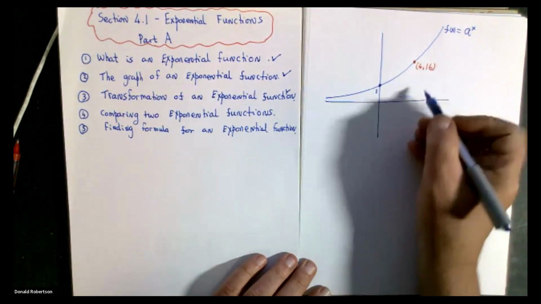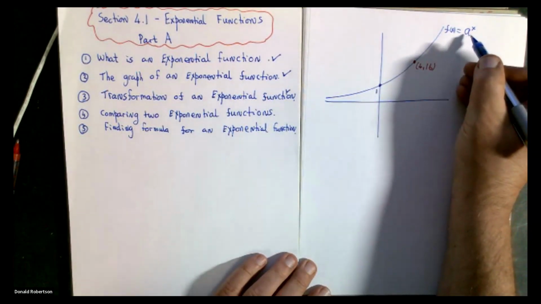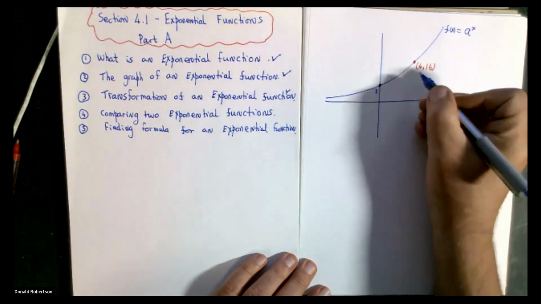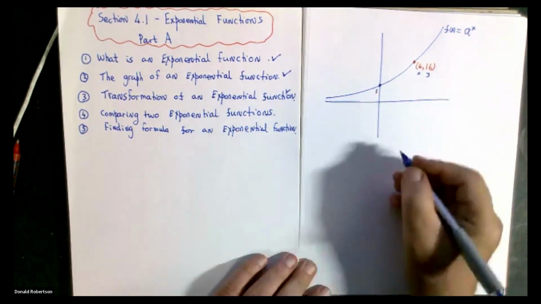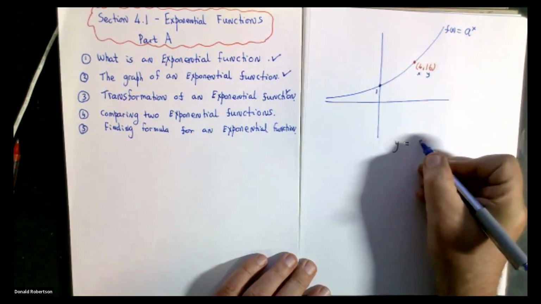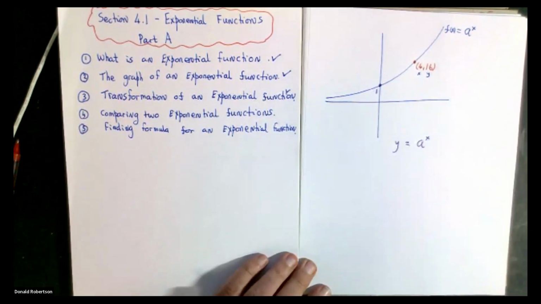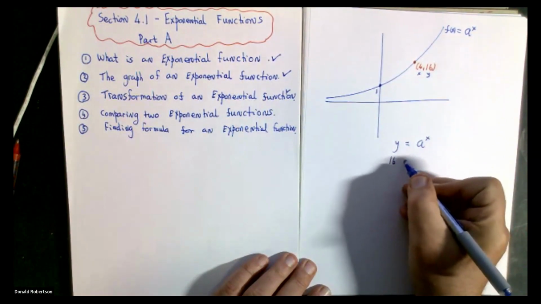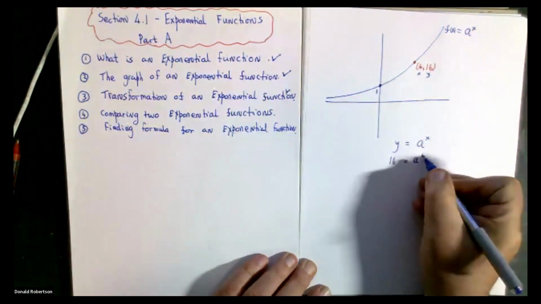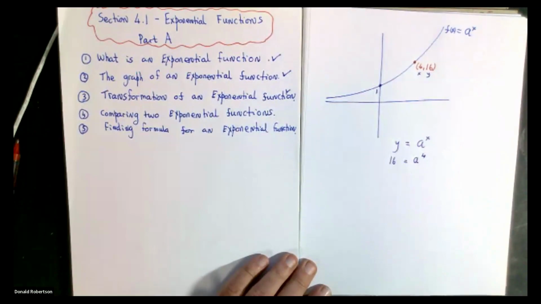So how do we solve? How do you find the base a using that? Well, technically 4 is the x and 16 is the y. So if I think of this as not f of x, but y equals a to the power of x, which is totally equivalent, I can put 16 in here, and I can do a to the power of 4 here.